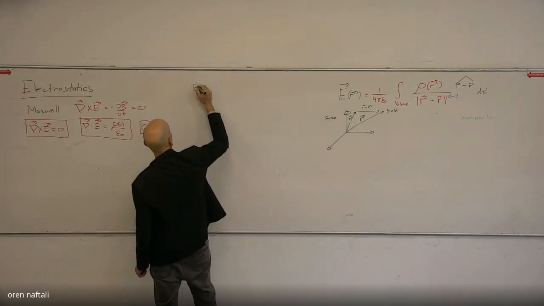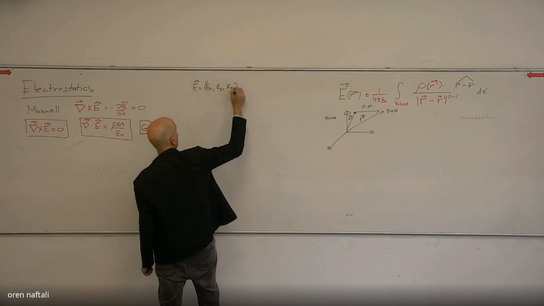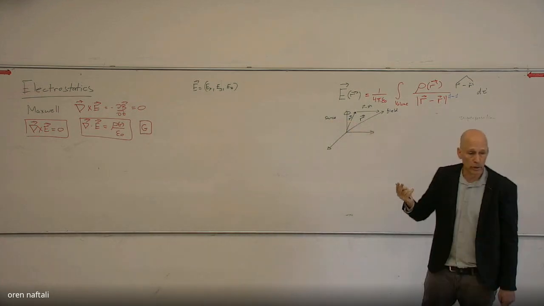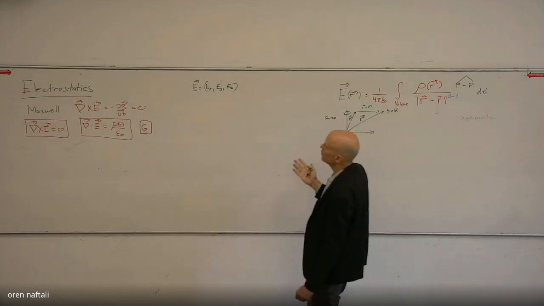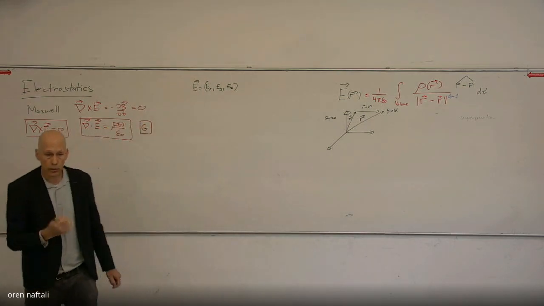So E is Ex, Ey, and Ez. I need to calculate three functions, and these three functions depend on three coordinates. So wouldn't it be nice to replace it by one function? And this function is called the potential.